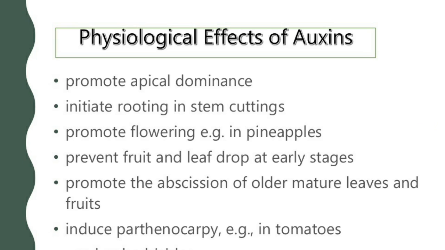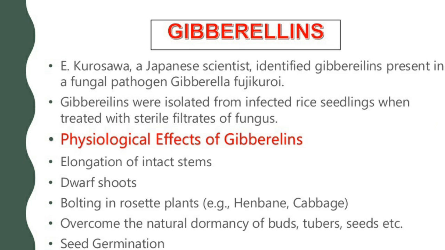Physiological effects of auxins: promote apical dominance, initiate rooting in stem cuttings, promote flowering in pineapples, prevent fruit and leaf drop at early stages, promote the abscission of older mature leaves and fruits, induce parthenocarpy in tomatoes.